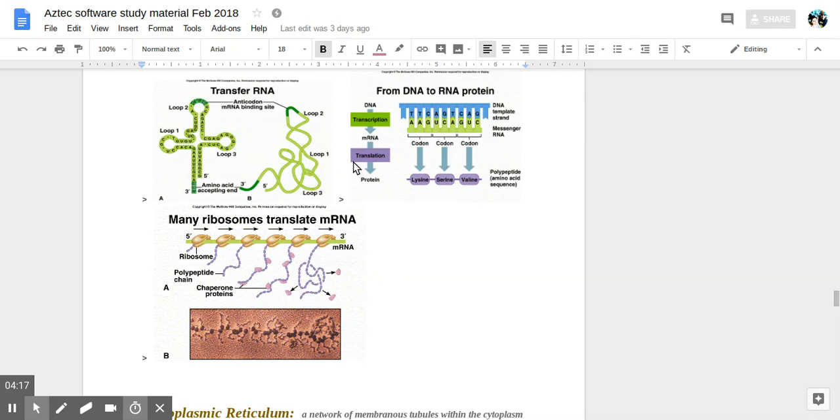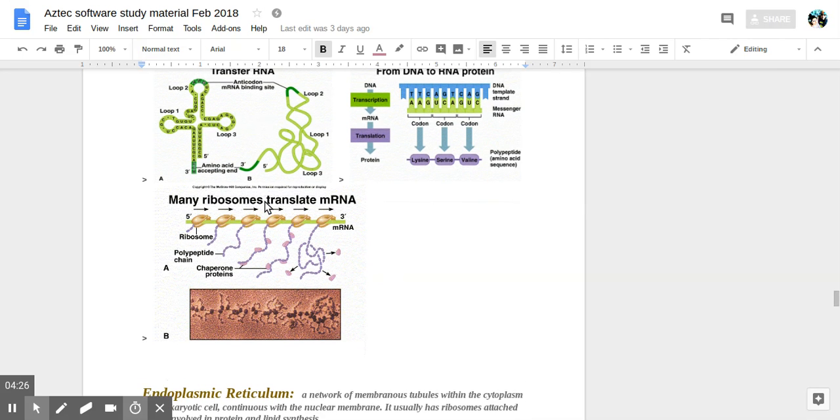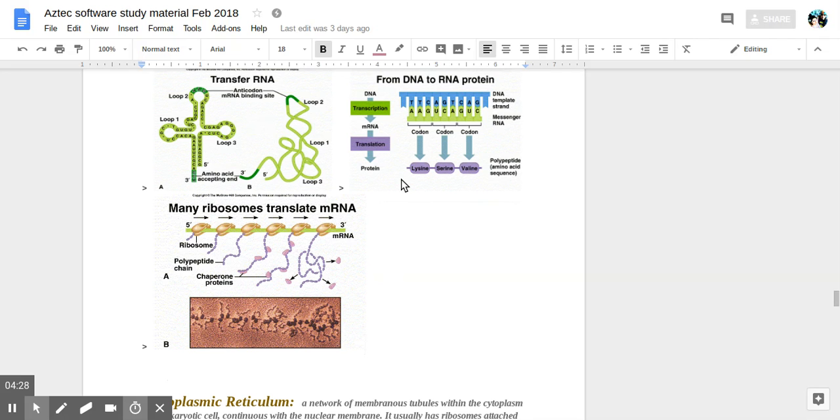The anticodon region of tRNA binds the codon regions of mRNA, and each anticodon is bringing a different amino acid, and the polypeptide chain grows.